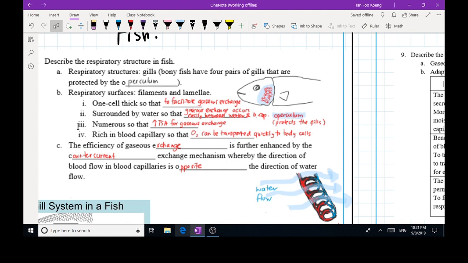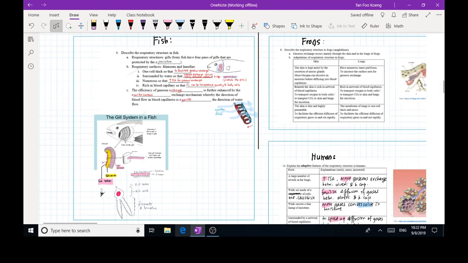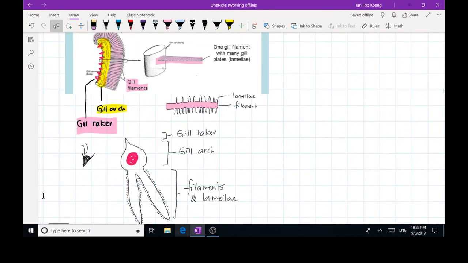Number three, fish have gills. In the gills, we find filaments and lamellae. They are numerous, so you have numerous lamellae to increase the total surface area for gaseous exchange. Number four, the gills are rich in blood vessels, as shown here.